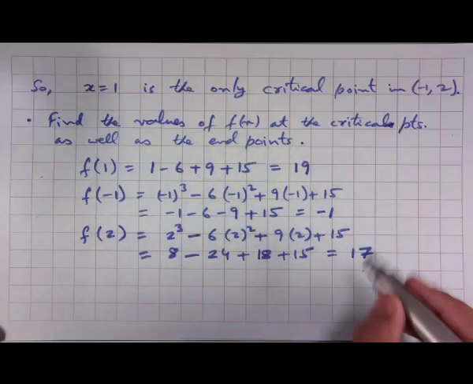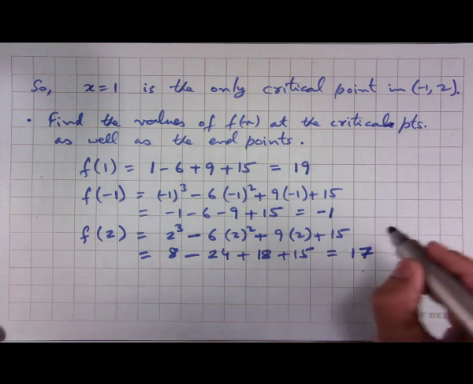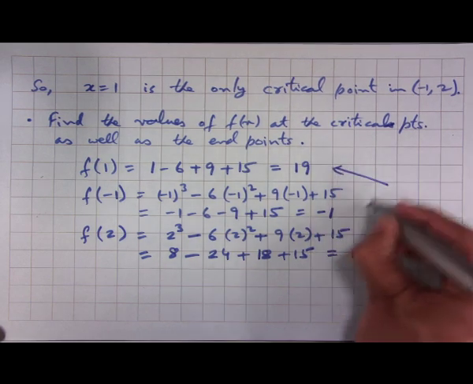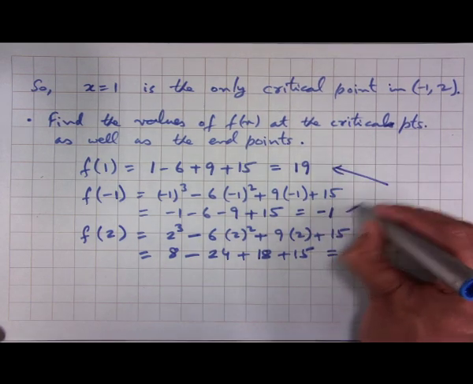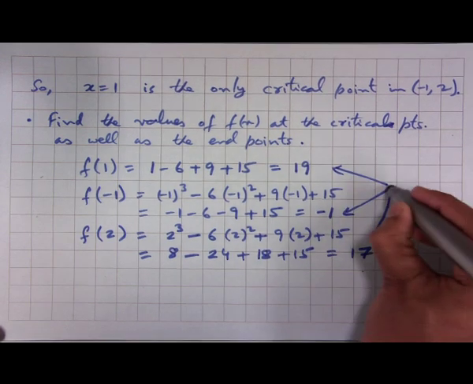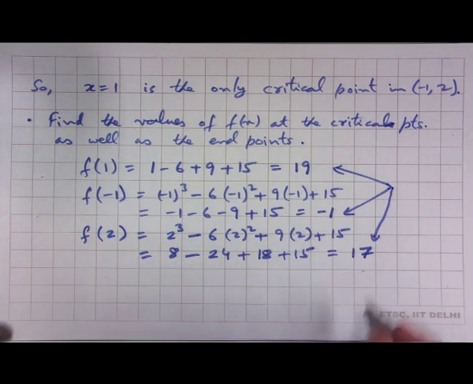Now, among these, we have these three values 19, f at -1 is -1 and 17. We look at the minimum and maximum among these.